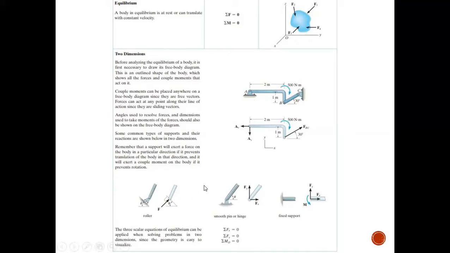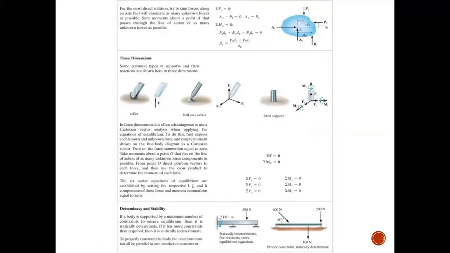The three scalar equations of equilibrium can be applied when solving problems in 2 dimensions, since the geometry is easy to visualize. So we assume that when in equilibrium, the total Fx and total Fy are equal to 0. When the equations are equal to 0, we can easily find the missing or unknown numbers. For the most direct solution, try to sum forces along an axis that will eliminate as many unknown forces as possible.